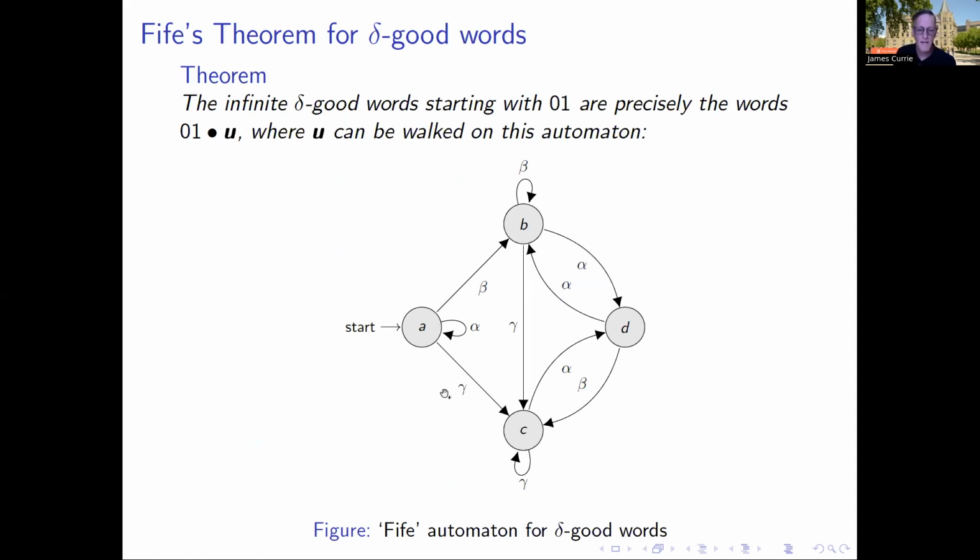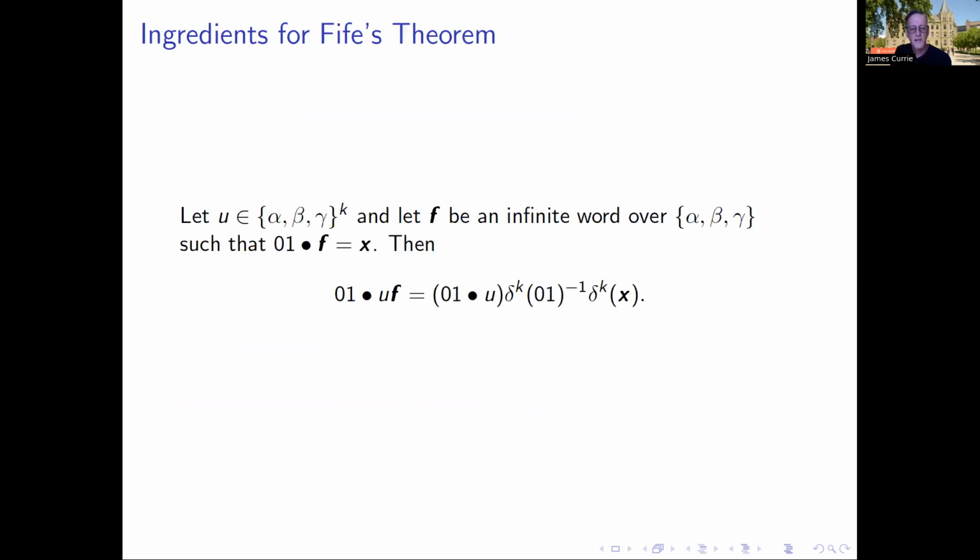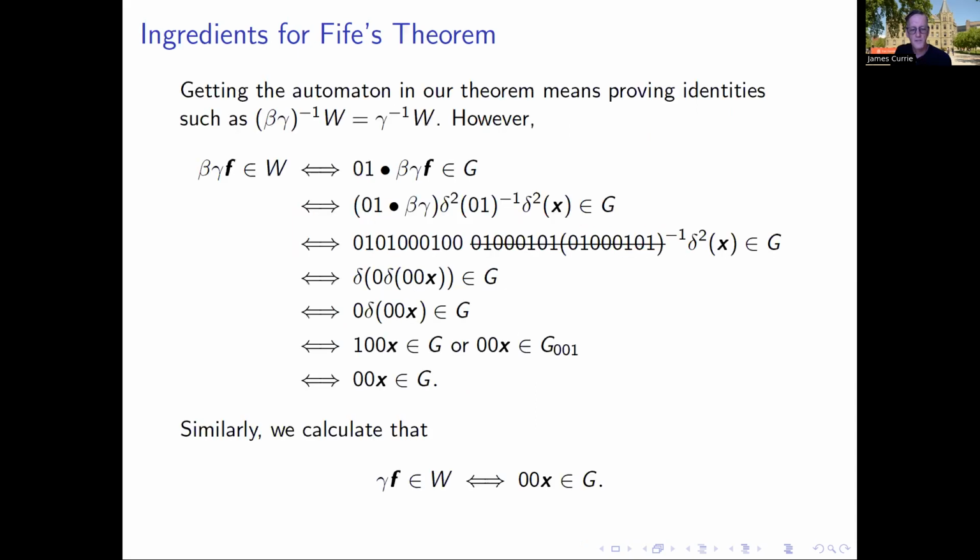So beta gamma goes up and down, and gamma just goes down. So they get you to the same place in the automaton. So you perform a number of these calculations, and you find that various states of the automaton are equal, and we end up with the indicated finite automaton.